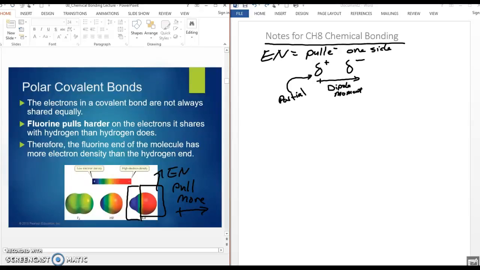And so if we have an element right here with some electrons in a bond, this is element X, this is element Y, I'm just making these up. And if this one is more electronegative, these electrons will slide over into here, creating a partial negative and a partial positive. We can easily figure out which ones are more electronegative.